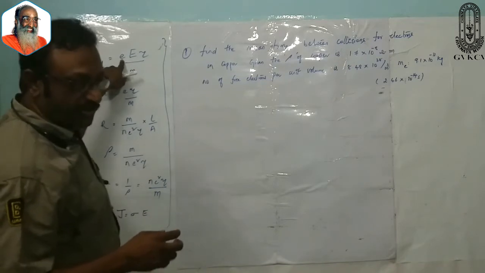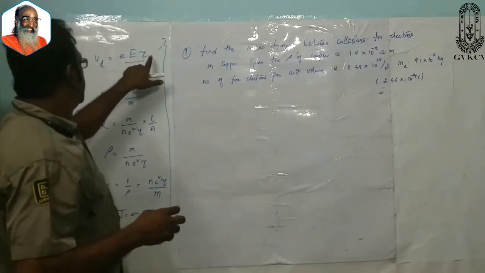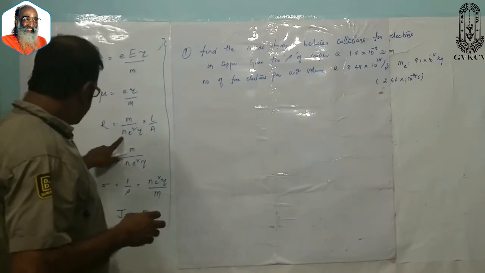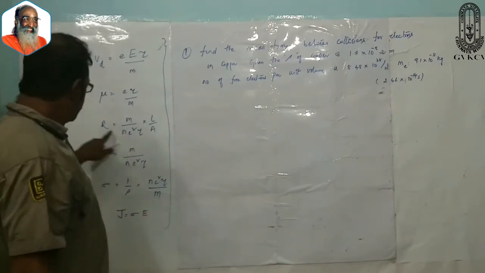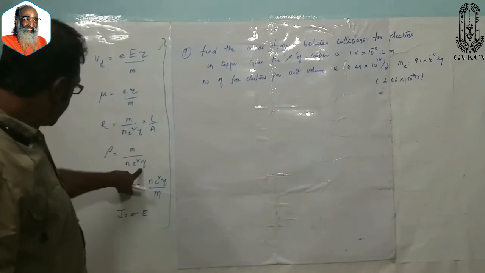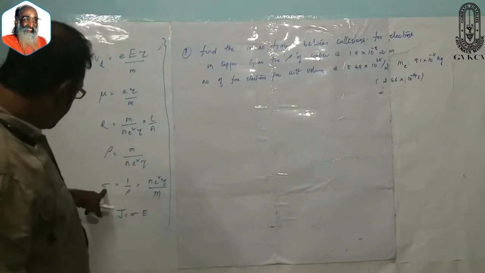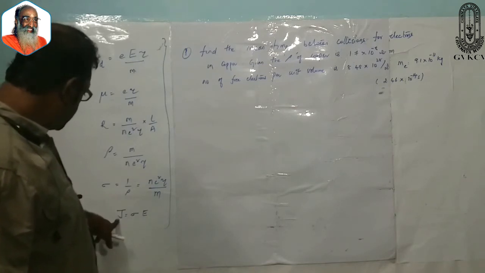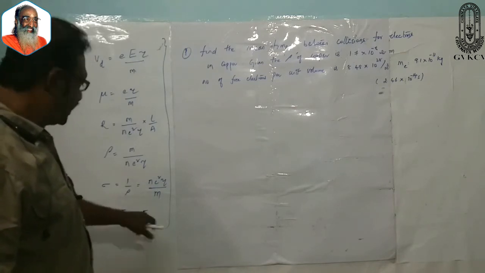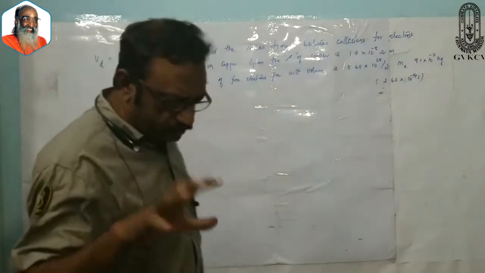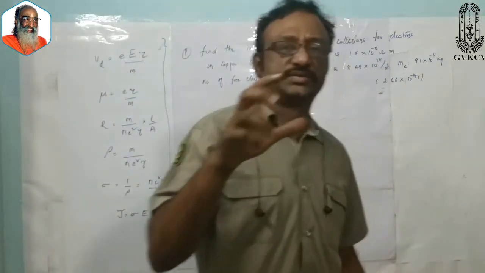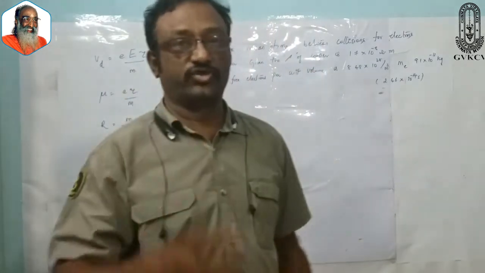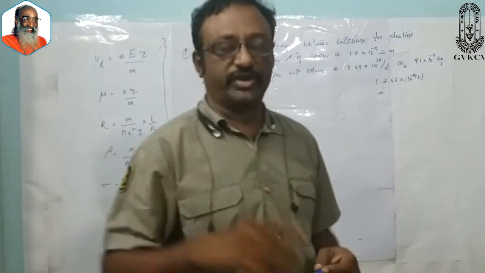It is the charge of the electron, electric field, relaxation time, mass of the electron, number of electrons per unit volume, resistivity, conductivity, current density. So whenever you go for practice, you can remember these formulas well. That is the way to remember the formulas.